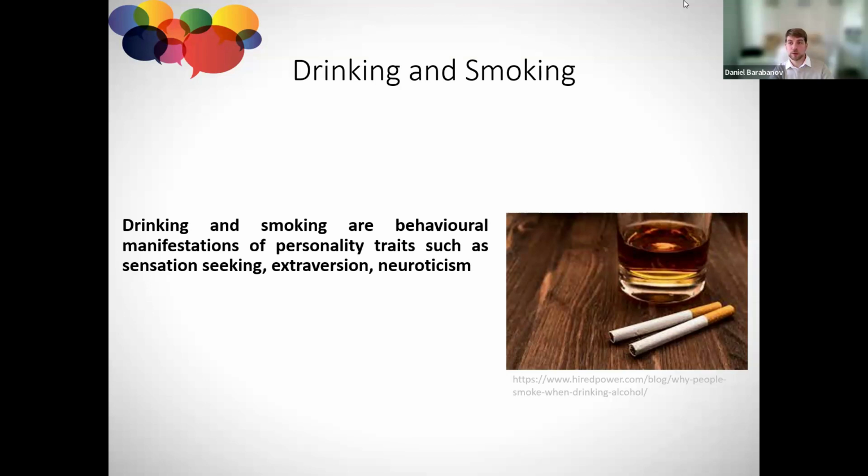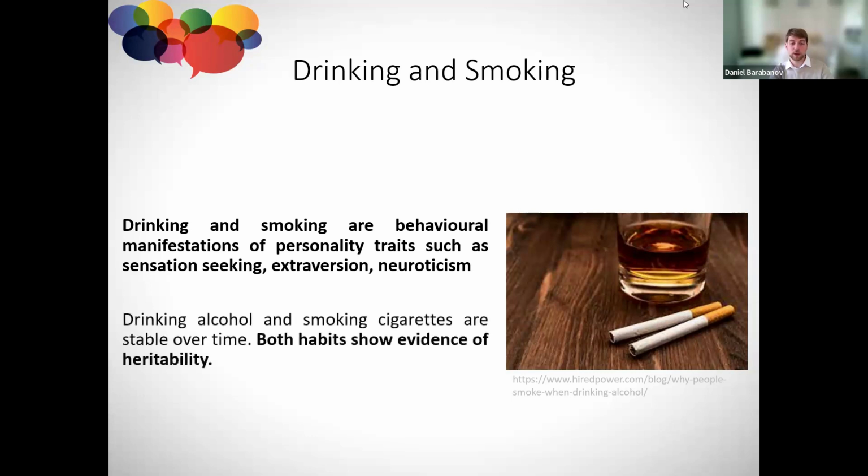People with higher neuroticism drink and smoke because of anxiety, and they often try to reduce their negative affect, negative feelings through those habits. And people who are high on extroversion might be more active, and it also might be connected with sensation seeking. So they might be more prone to drinking and smoking as well.